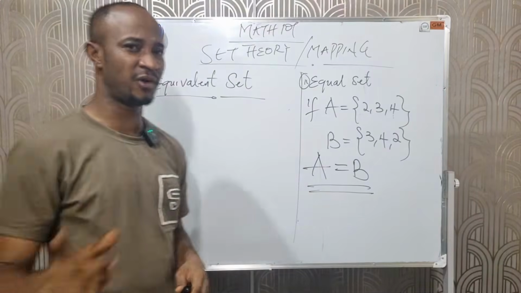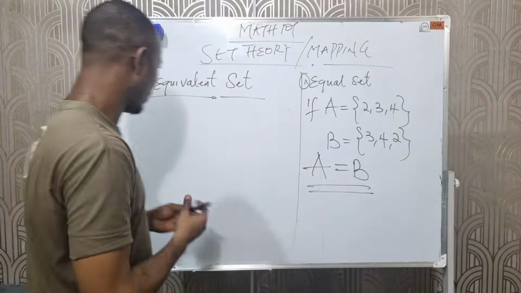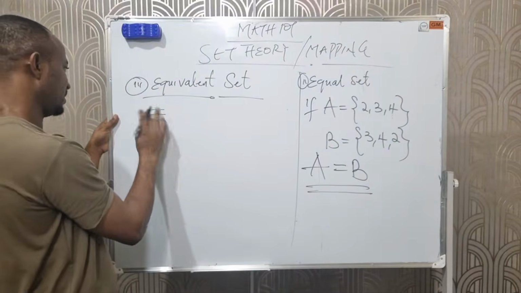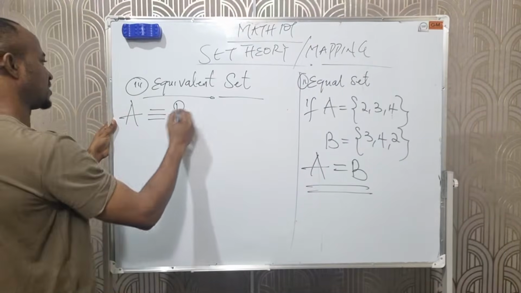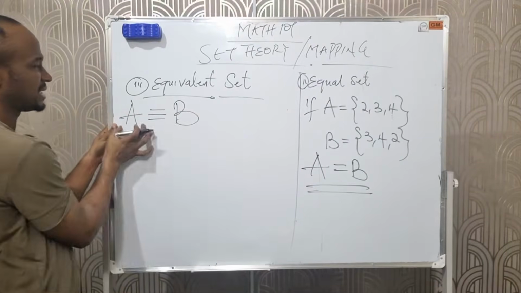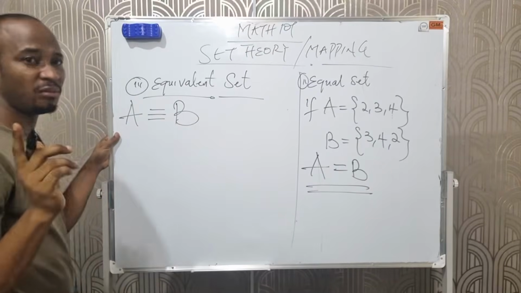Don't forget that the symbol for equal sets is this. But if we have this kind of symbol, this is called equivalent. So if set A is equivalent to set B, that means both set A and set B have the same number of elements.